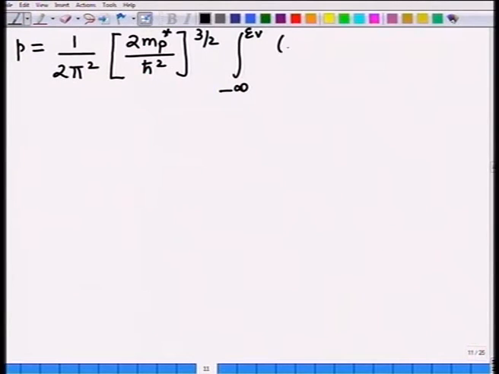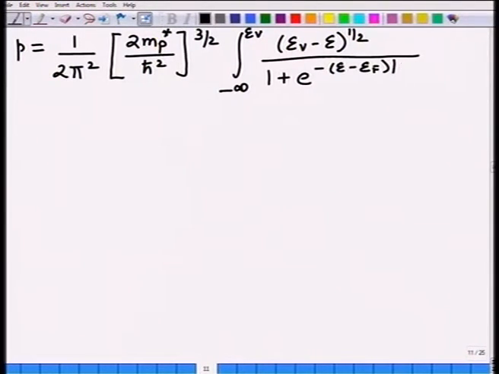If that is so, then I will write this as the integral of E_V minus E to power half. You can see the form is very similar, 1 plus e to power minus E minus E_f by k b T, and dE. That is the integration we need to carry out.